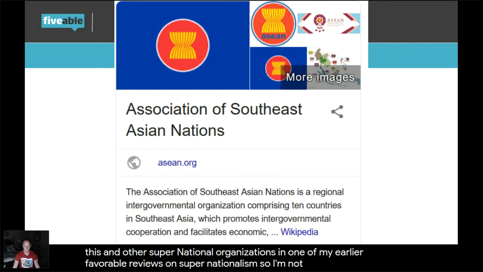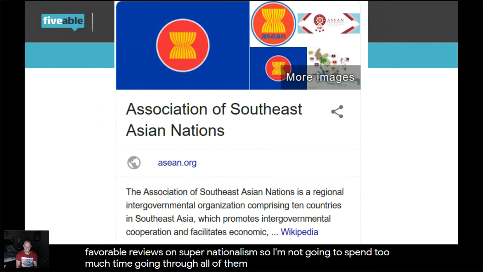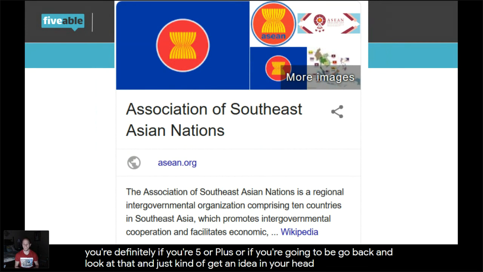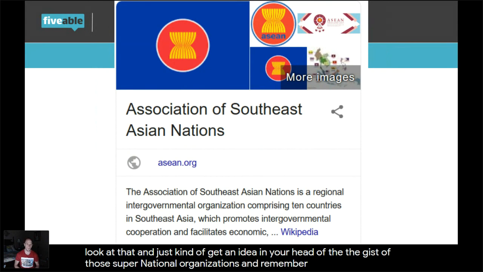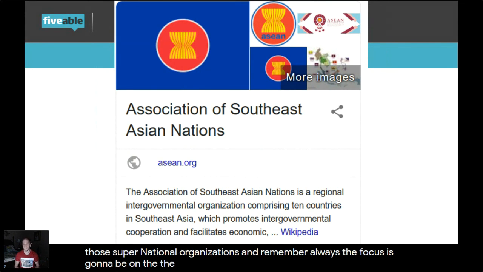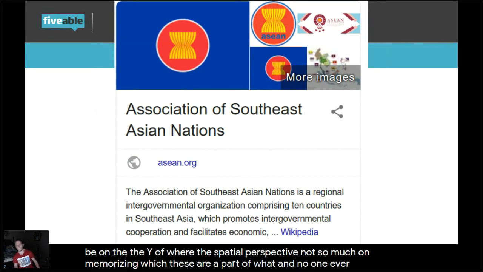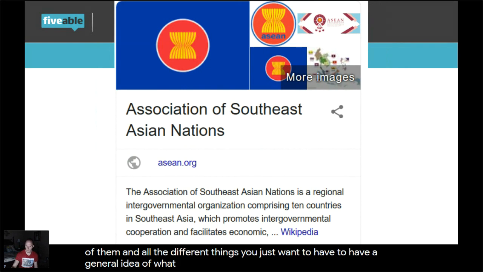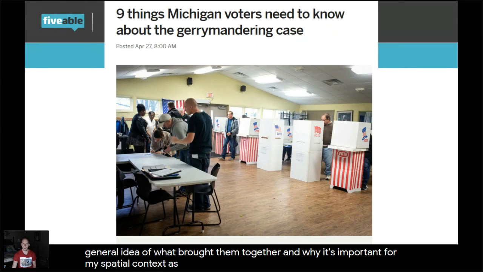So I'm not going to spend too much time going through all of them, but if you're a 5 plus or if you're going to be, go back and look at that and get an idea in your head of the gist of those supranational organizations. And remember, always the focus is going to be on the why of where, the spatial perspective, not so much on memorizing which countries are a part of what. You just want to have a general idea of what brought them together and why it's important from a spatial context, as always.